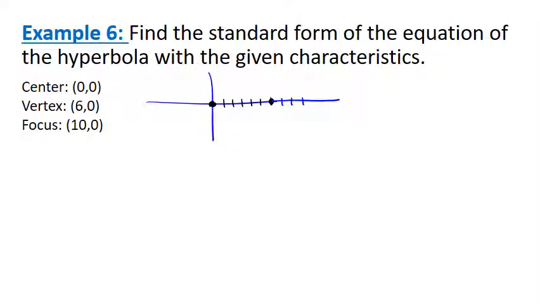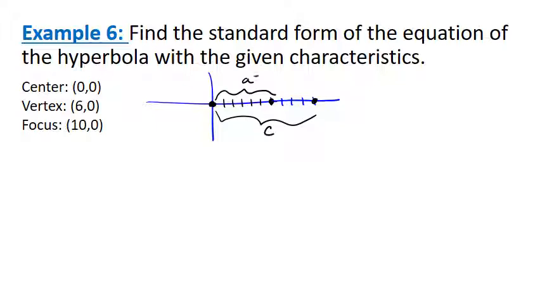The focus is (10, 0). Okay, well, if this is the center, then I should know that this is a distance of a to my vertex, and then this is a distance of c.